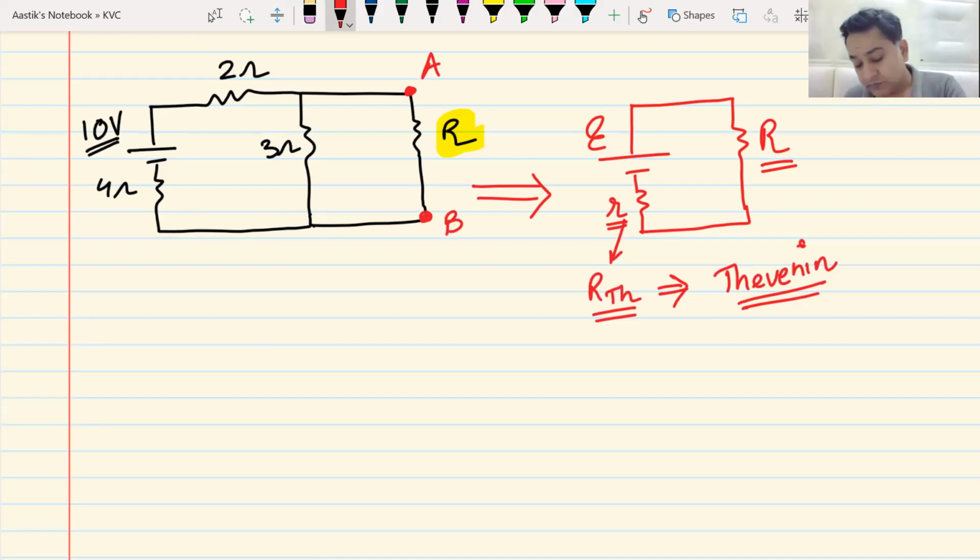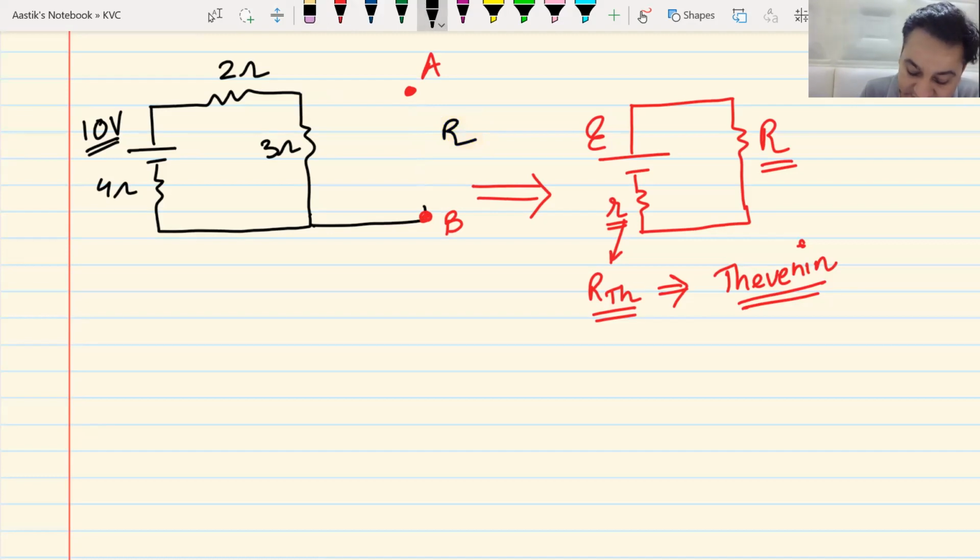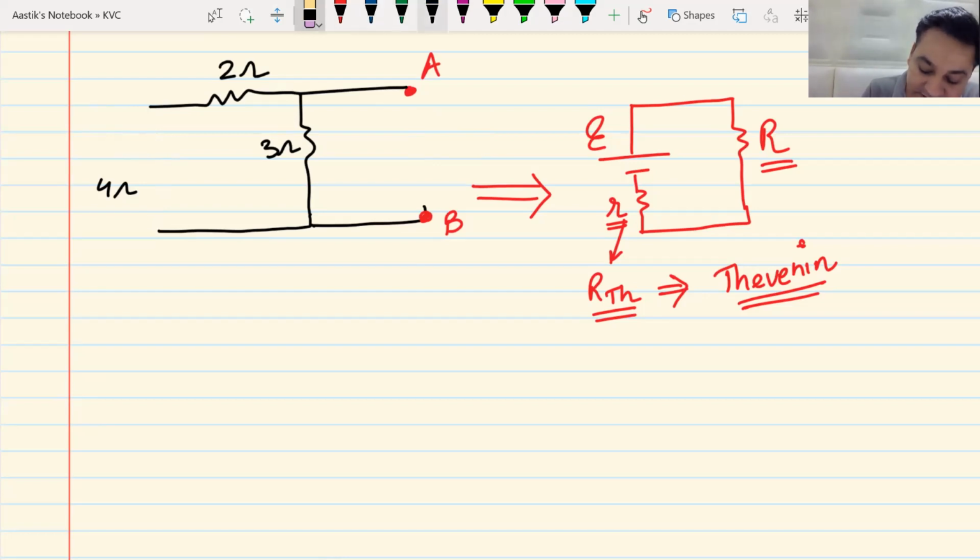I assume that this resistance R is taken out of the circuit, is gone, and then I find the equivalent resistance between points A and B. Now, this battery is also shorted. Whenever you find this Thevenin equivalent resistance, the battery is shorted. This is how you find the value of R Thevenin. Do we understand this?